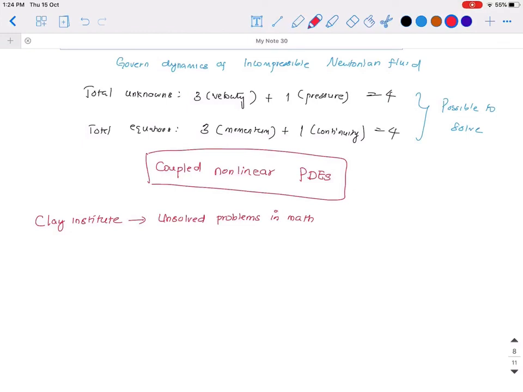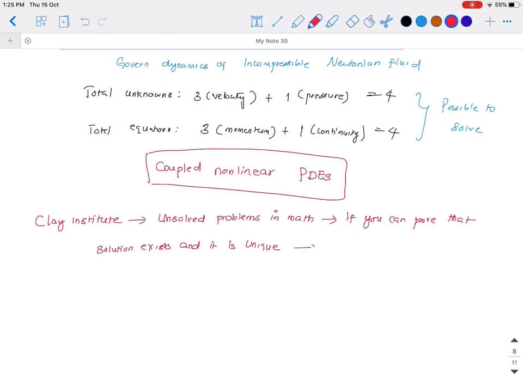You don't even have to derive the exact solution, but if one can prove that the solution exists and it is unique, you are going to win $1 million as a prize.